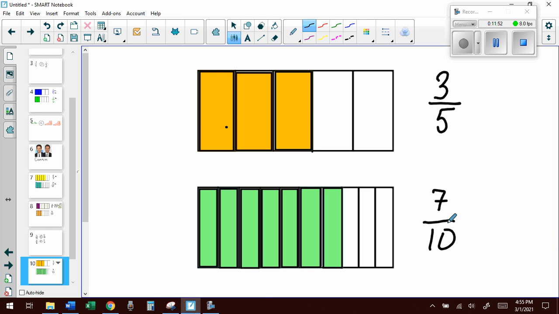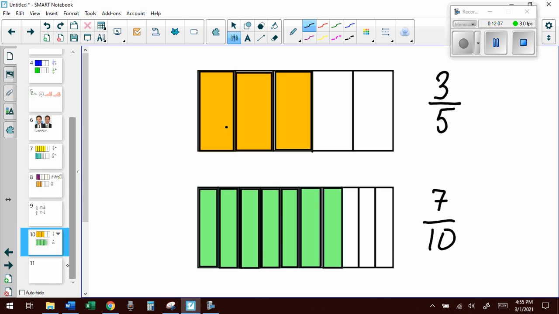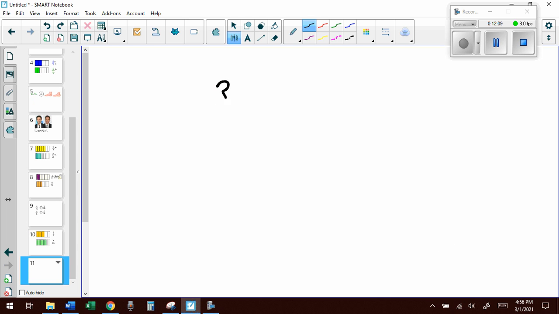So here I look at my fractions and I see that 3/5 and 7/10 don't have anything in common right away. That's a problem. And I know, just based on my fact knowledge, that if I were to try to get 3 times something and equal 7, well, that'd be impossible.